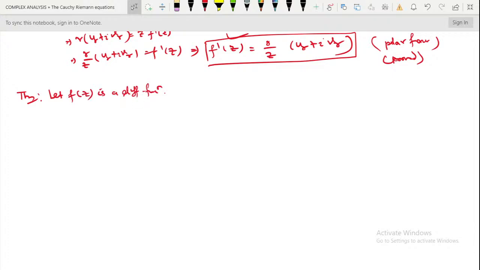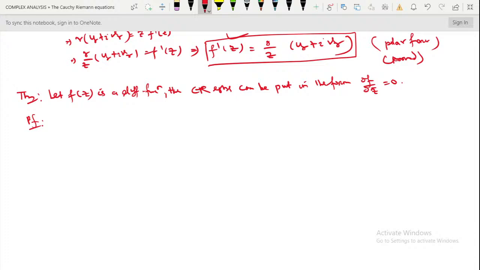The CR equations can be put in the form del f by del z bar equal to 0. Okay, so now we'll prove it. Given that f of z is a differentiable function, then CR equations can be written in this form.